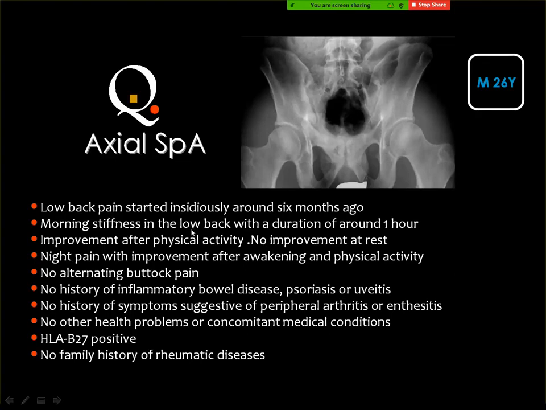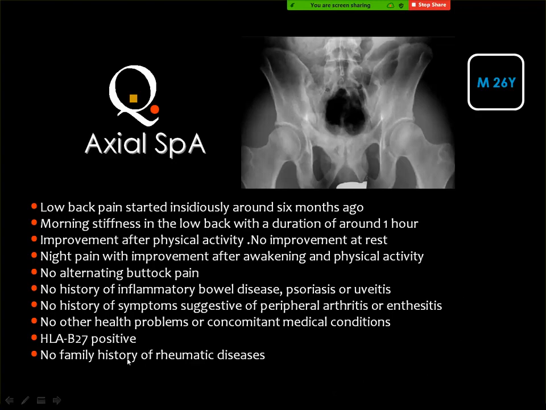morning stiffness, and this will improve with physical activity. Sometimes there is night pain, alternating buttock pain, and the patient should not have a history of inflammatory bowel disease or psoriasis or uveitis, because these will support the diagnosis of ankylosing spondylitis.